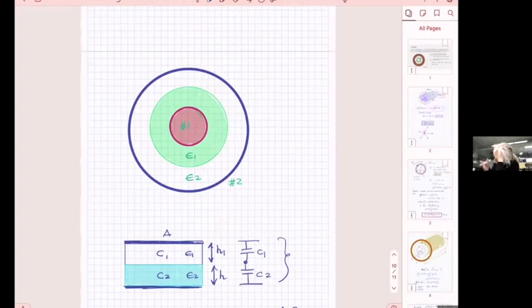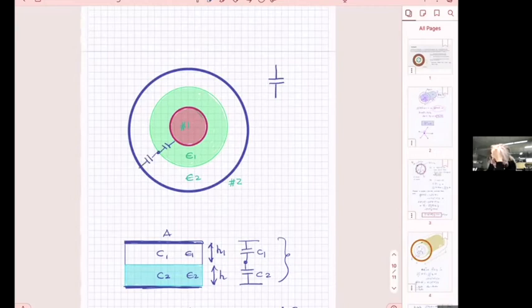Now, what would I do in this situation? There is something similar. How would I get the capacitance of this one? The similarity is the same. It's like one capacitance is here, another capacitance is here.